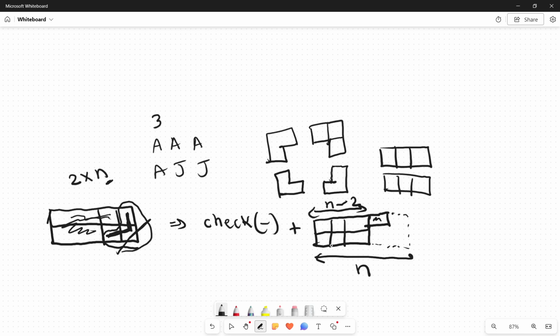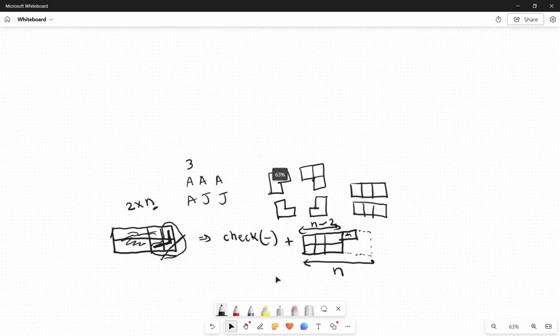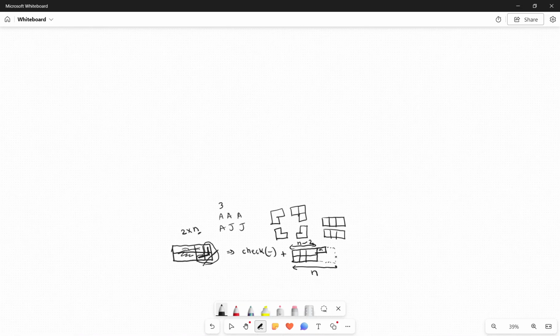Considering this way, we can also divide this thing like this, and we will get this.